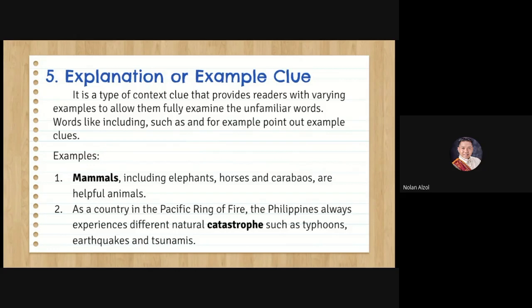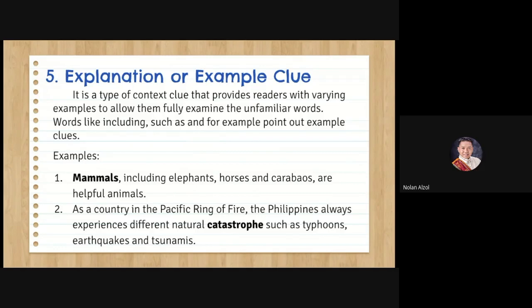Mammals is our unfamiliar word. And through the examples given in the sentence, elephants, horses, carabaos, we can see that farm animals are mammals. Or we can define that the characteristic of these animals is the same as mammals.